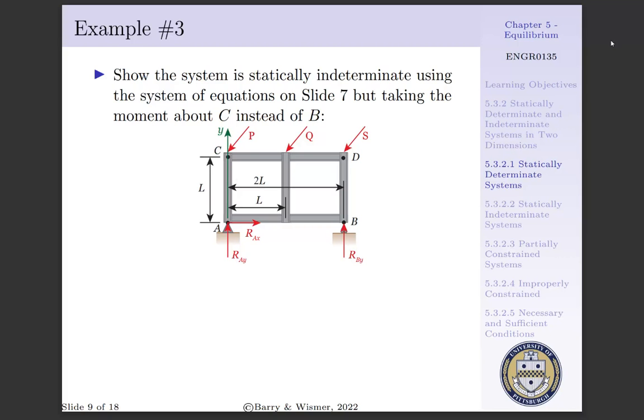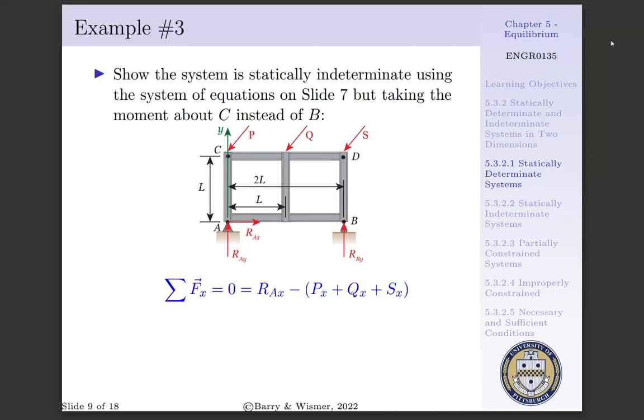That is to say, since point C lies on the vertical line that passes through point A, it will be an invalid equilibrium equation. In repeating example 2, we see we have the same summation of forces in the x direction equation. That is, Rax would be equal to Px plus Qx plus Sx, and we can solve for Rax directly.